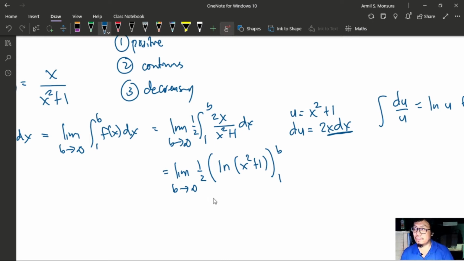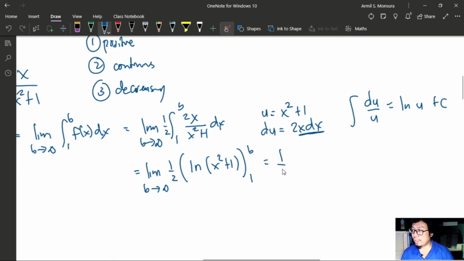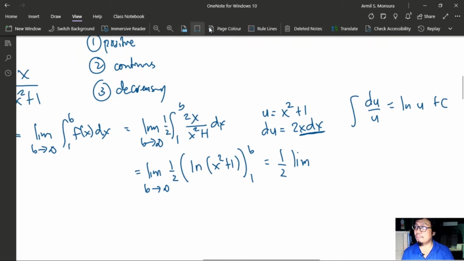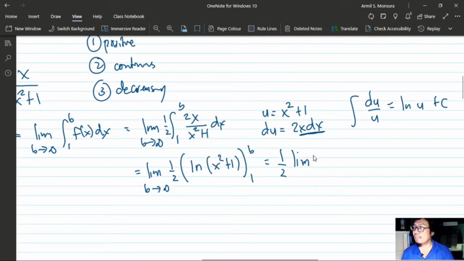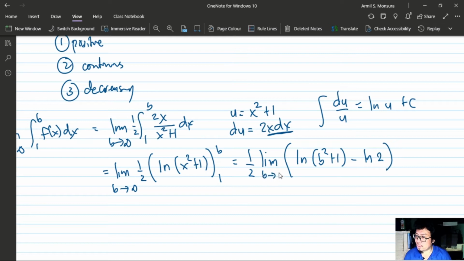So this 1/2 can be taken out of the limit. Let's put in some rule lines na. 1/2 times the limit of the natural logarithm of b squared plus 1 minus the natural logarithm of 2, as b approaches infinity.